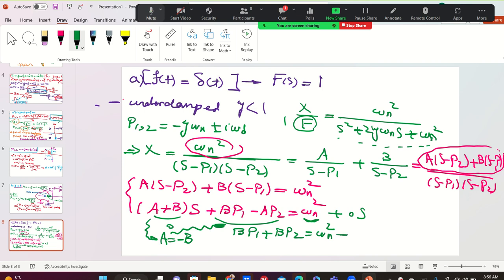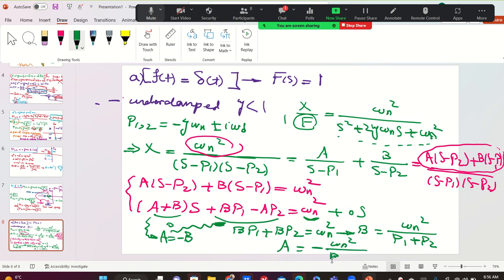So from here you get B equals omega n square over P1 plus P2, and A becomes minus omega n square over P1 plus P2. Everybody agree? Yes?